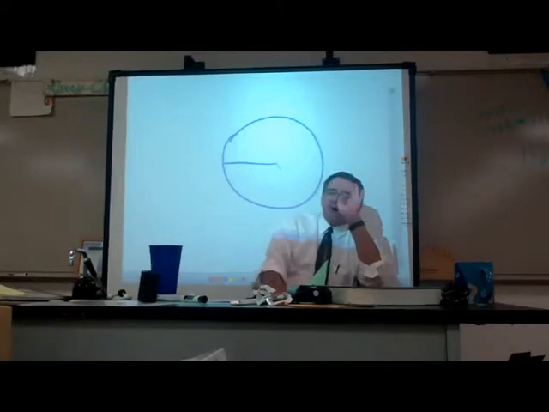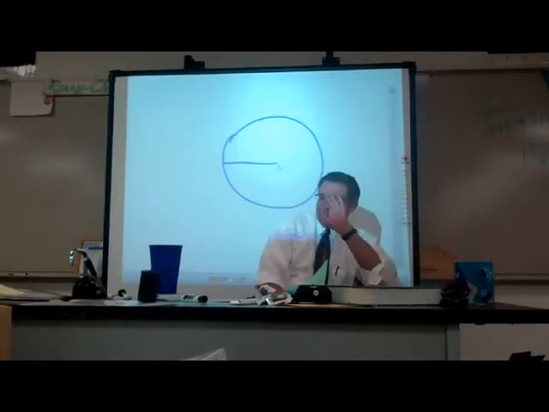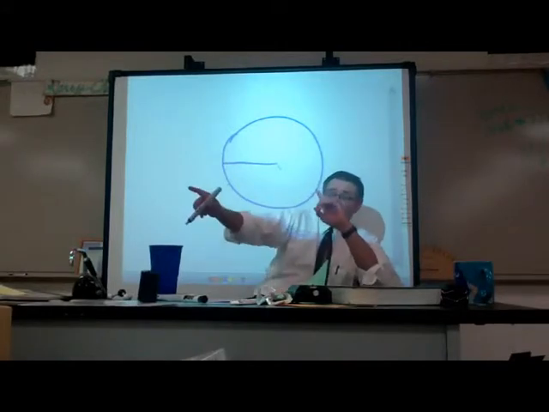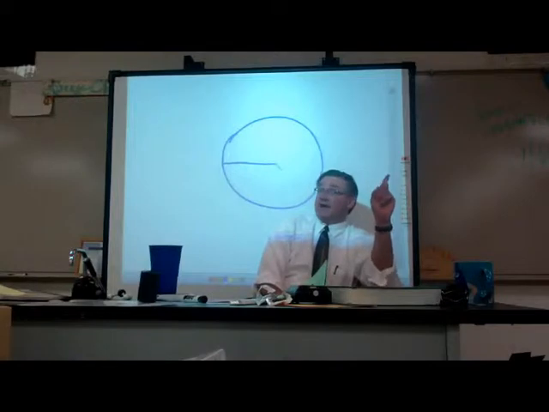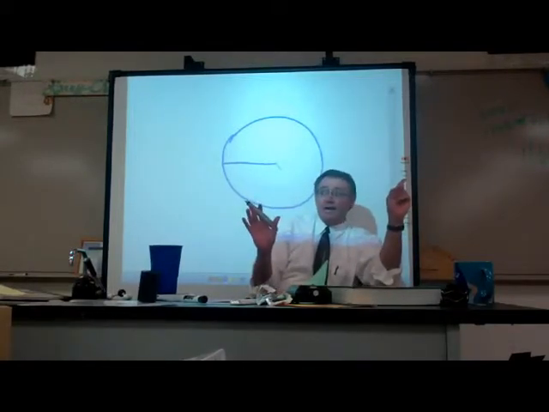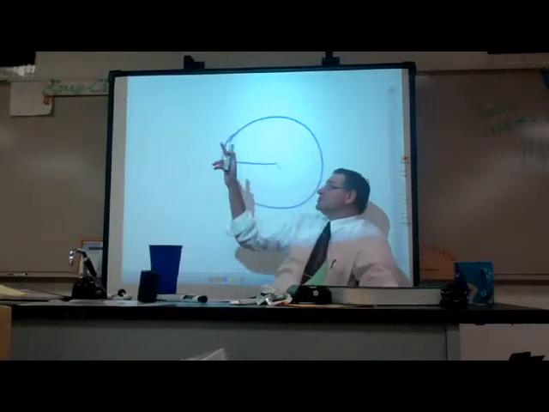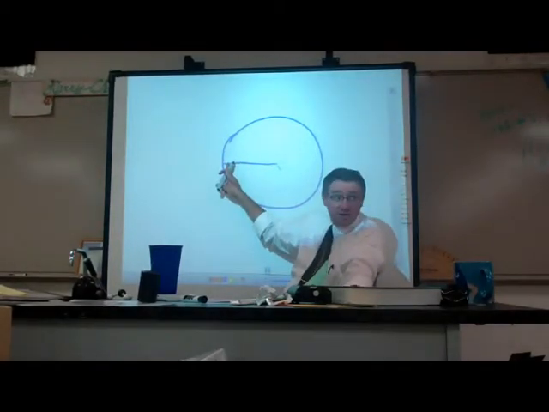Now, what do you know about tangent lines to a circle? Elijah, it only touches at one point, right? Which means that it has to be at a right angle to the radius.